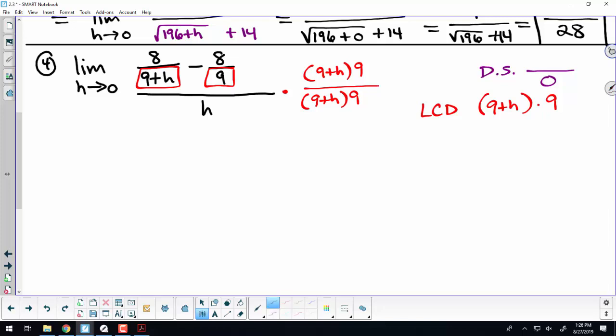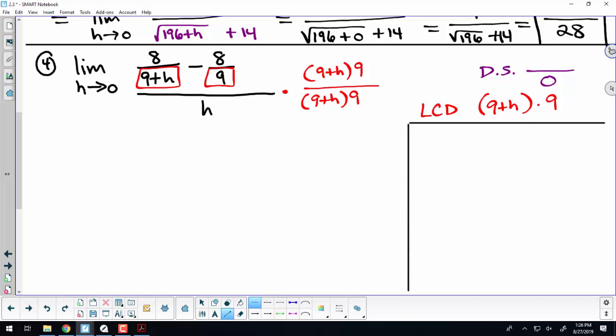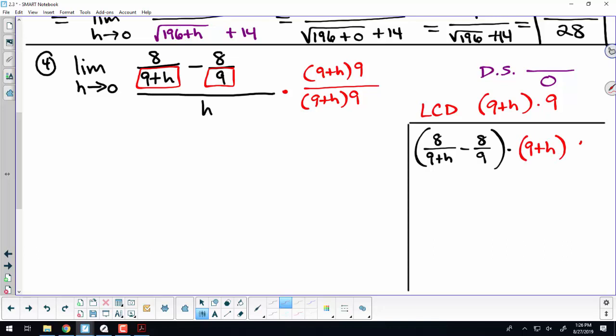So, let's kind of go off to the side here and look at that algebraically. Because what we're doing is taking 8 over 9 plus h minus 8 over 9, and we're multiplying that by 9 plus h times 9 over 1.